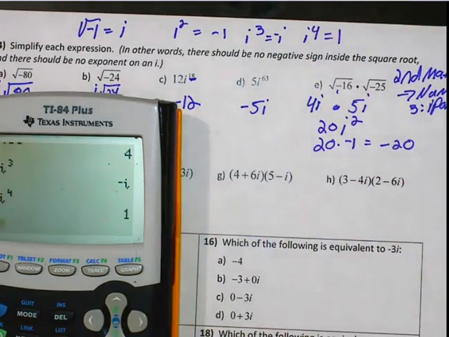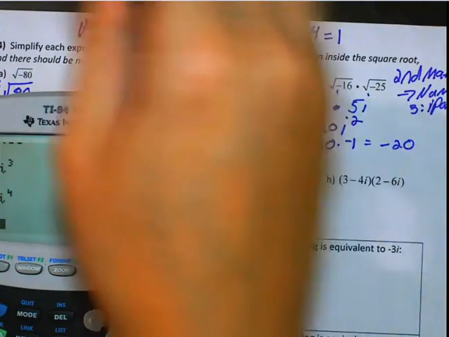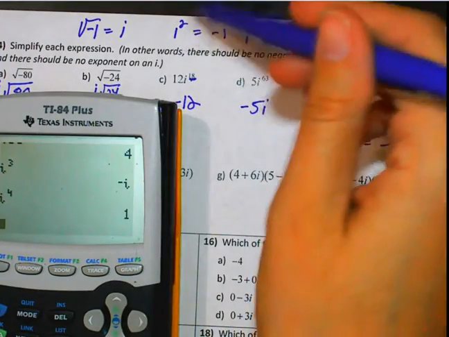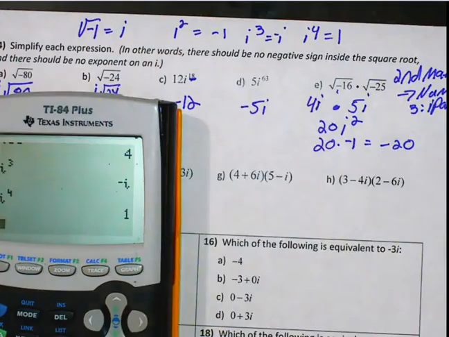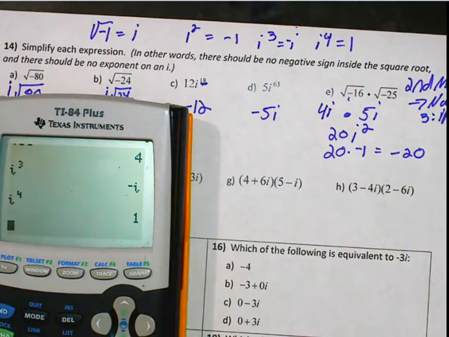But you should be familiar with those because they just cycle around, okay? Then you're going to go back to I to the 5th is going to be I, or the square root of negative 1. I to the 6th is going to be negative 1. So it kind of goes in a circle pattern, and then it keeps cycling through these answers. Okay, but the calculator does do it for you as long as you know what buttons to push.